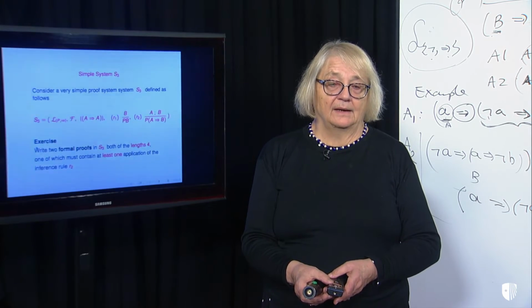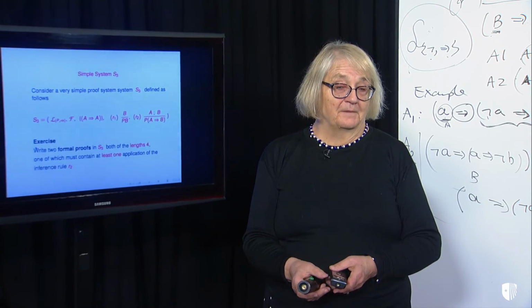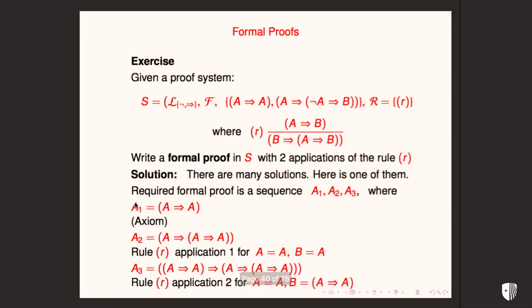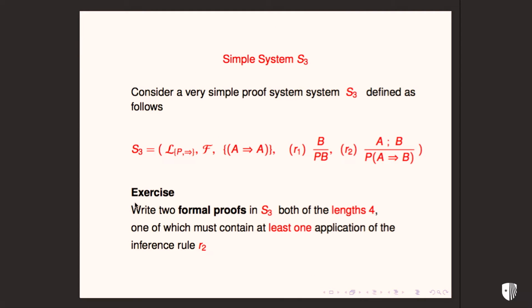And now, a nice exercise. You have two rules of inference. And you see, in all these examples I gave you, there was one rule of inference with one premise. Now, what happens when you have, for example, a rule of inference with two premises?